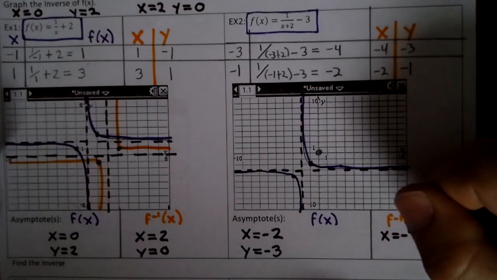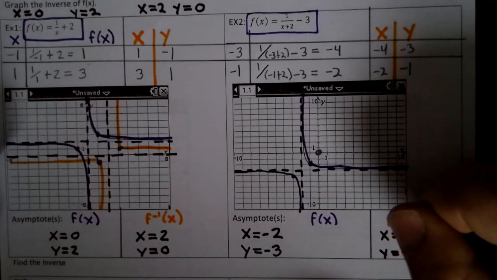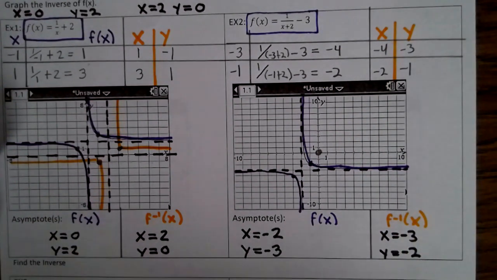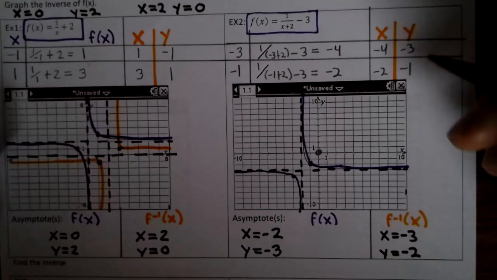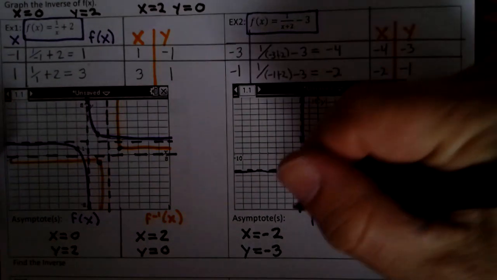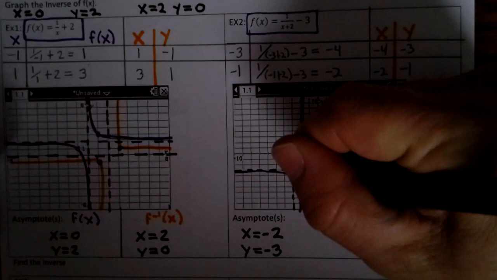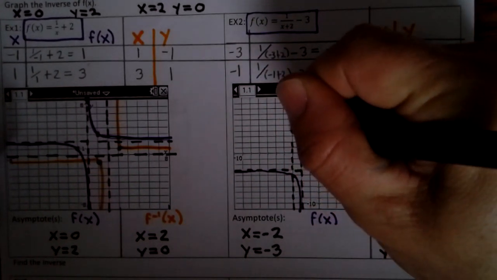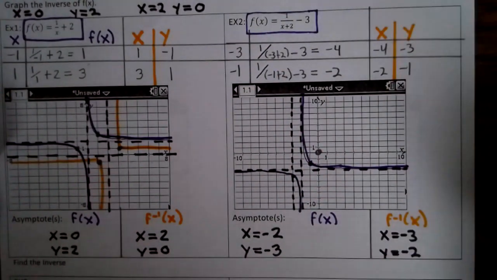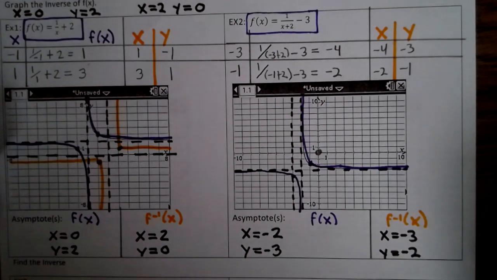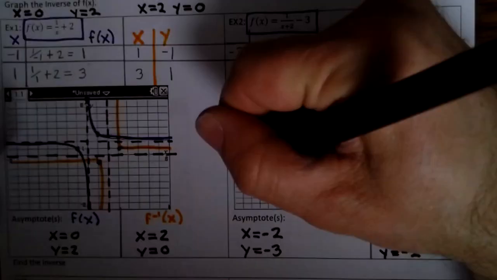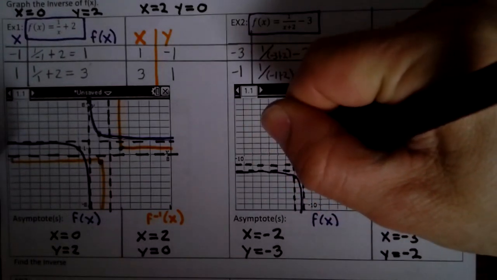So x equals negative 3. Gets really messy. It's one of my least favorite things to do. And y equals negative 2. All right.